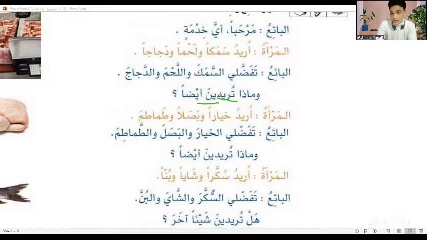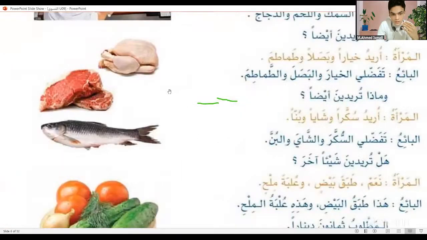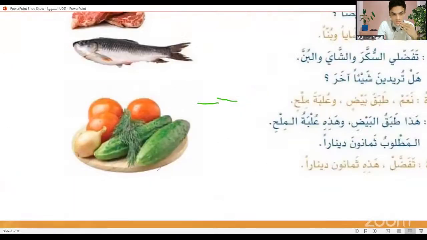وماذا تريدين أيضا? What do you want else? She said أريد خيارا وبصلا وطماطم. This is خيار, cucumber, and بصل, onion, and طماطم, tomato. So أريد خيارا وبصلا وطماطم.